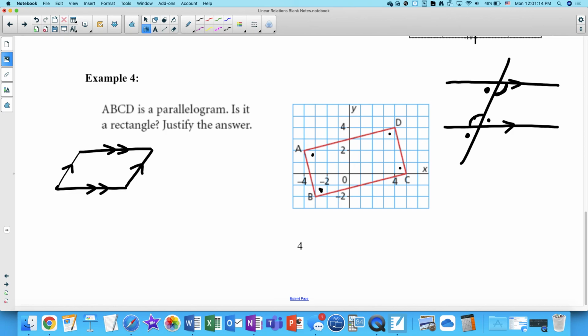Okay, so let's just pick 2 of them. And we can maybe use rise over run here because we have a graph. So if we're looking at the slope between A and B, to get from A to B, I'm going down 4 and right 1. So my rise over run is -4 over 1.